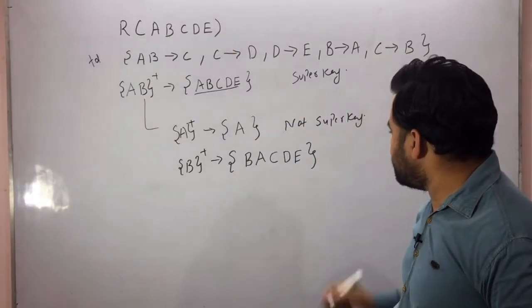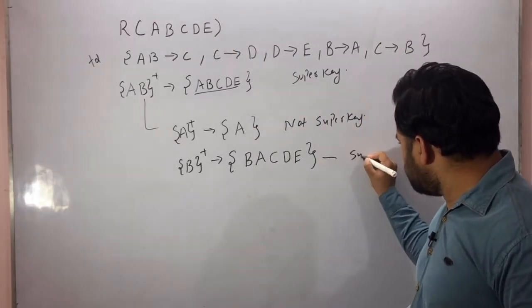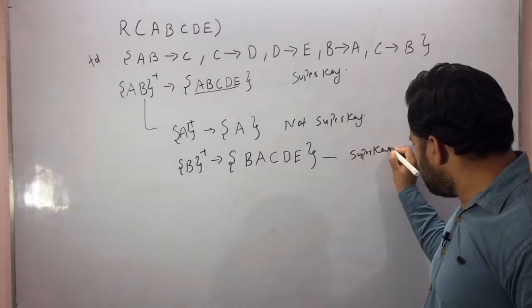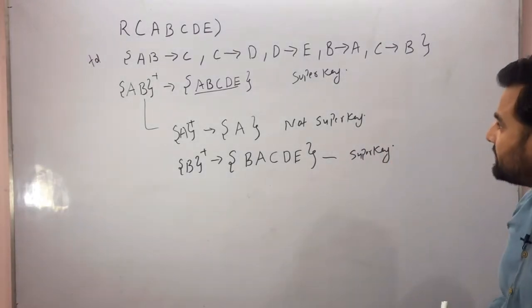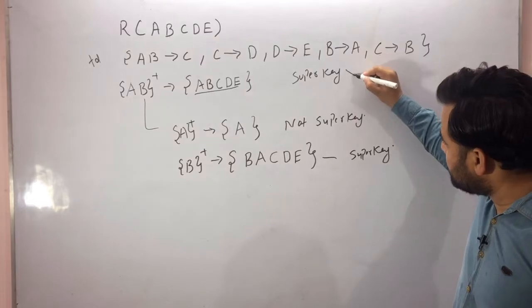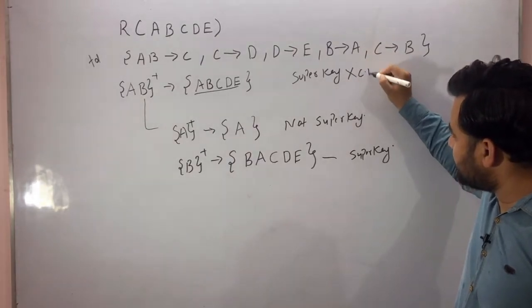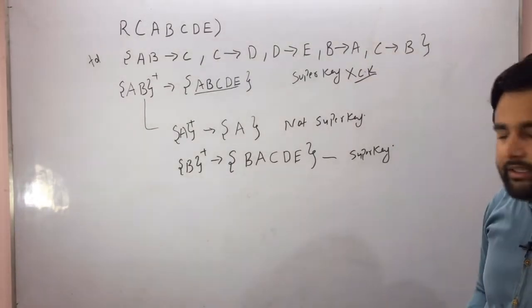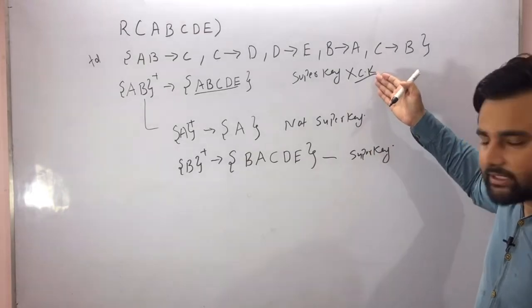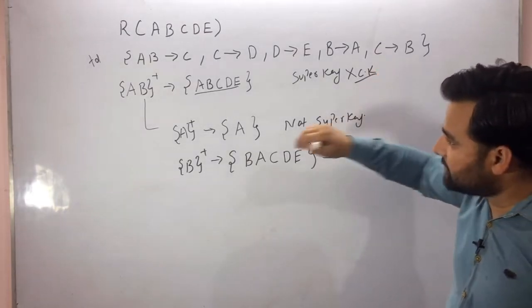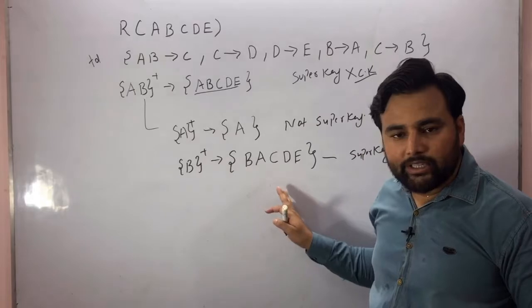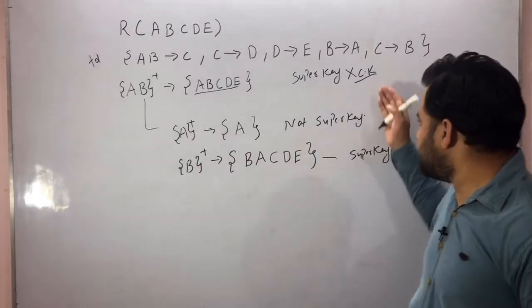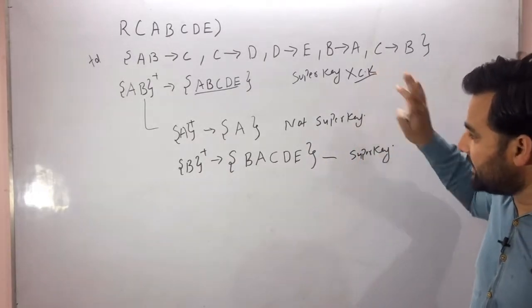So what is the meaning? That means this is a super key. Okay, so one thing is sure, that AB is not a candidate key. Why is this not a candidate key? Because the subset of AB, that is B, is a super key. So that means AB is not a candidate key.